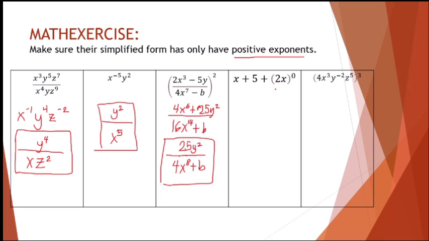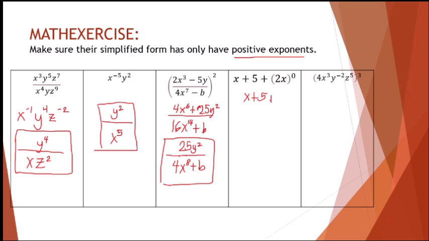So, how about this? So, we have x plus 5 plus 2x all raised to 0 power. So, firstly, in our laws of exponents, bring down natin tong x plus 5. Dito tayo may aberya. Now, since 2x is all raised to 0 power, when the number is raised to a 0 exponent, it will be equal to 1.